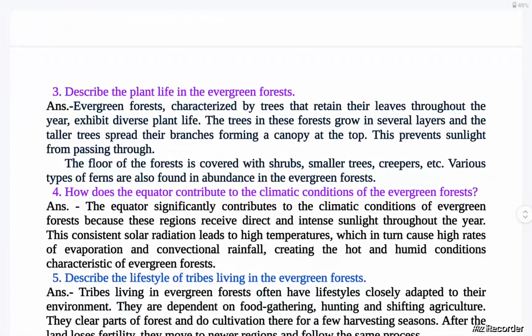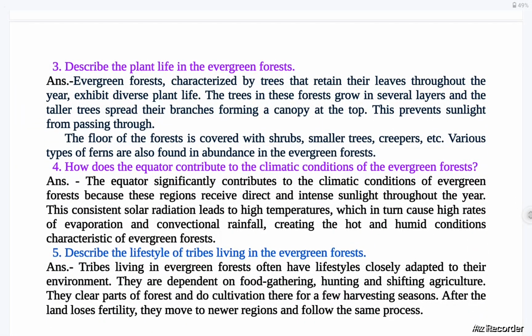So third question is, describe the plant life in the evergreen forests. The answer is, evergreen forests characterized by trees that retain their leaves throughout the year exhibit diverse plant life.